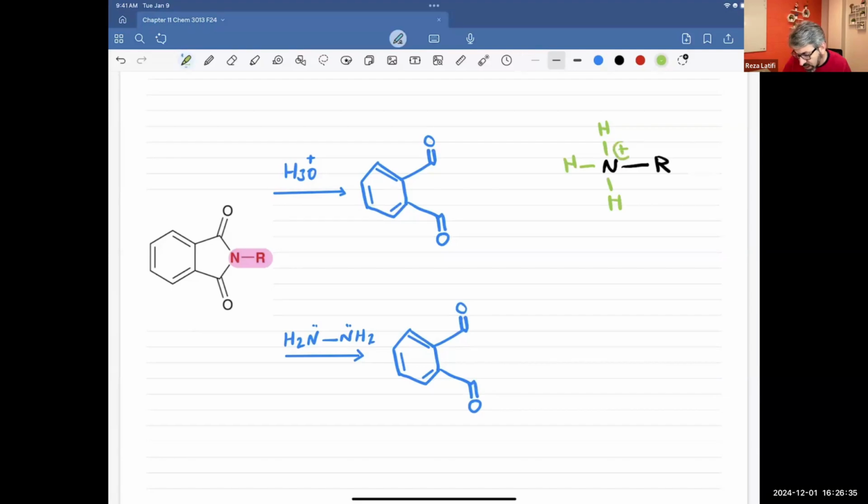So technically, we get a salt, and if we want to turn it into an amine, we need to remove one of the hydrogens with a basic solution. That's one. Now any carbonyl group will be attached to OH, and it will give us a carboxylic group. So now we got 2 carboxylic groups by treating the phthalimide with an acidic solution.